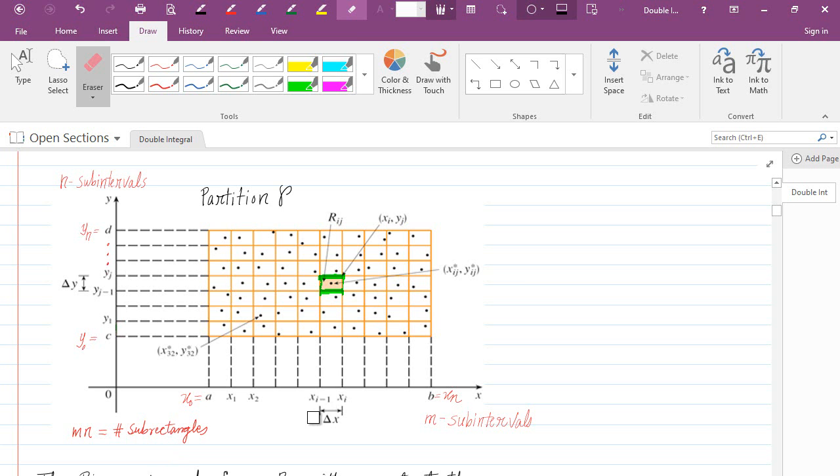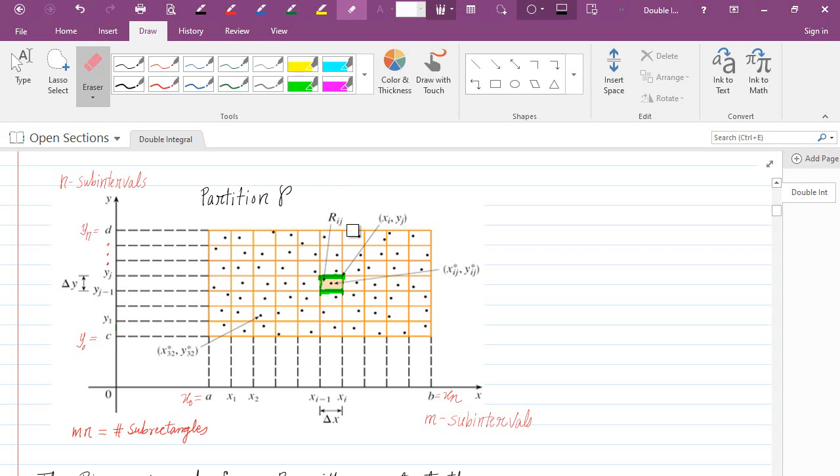So if I pick the ith vertical strip here and the jth horizontal strip here, then the subrectangle that we get here, I'm going to label that R i j.